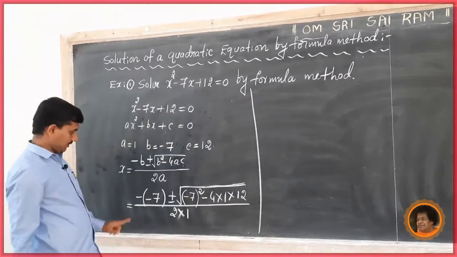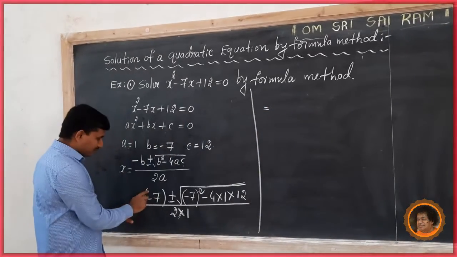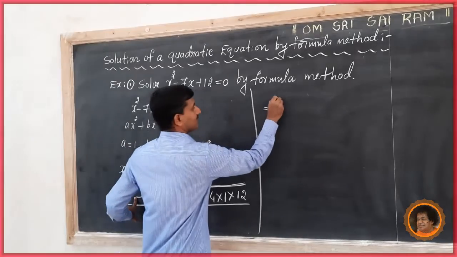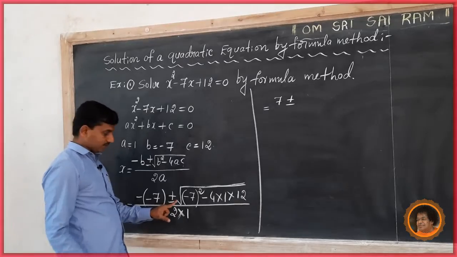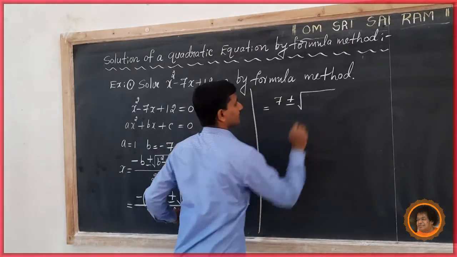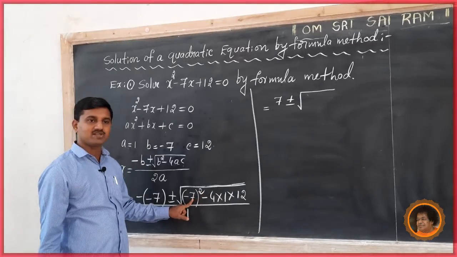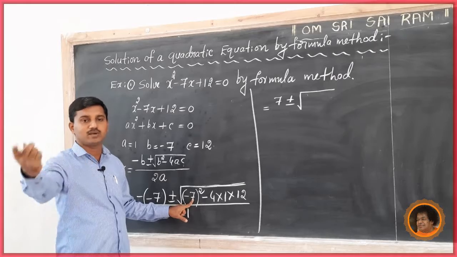Now simplify. Minus into minus, the bracket means multiply, so minus into minus is plus. So plus 7 plus or minus square root of, here minus 7 whole square. What is the meaning of minus 7 whole square? Minus 7 whole square means minus 7 into minus 7.